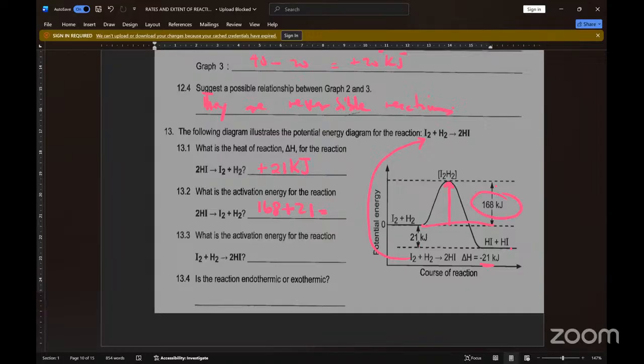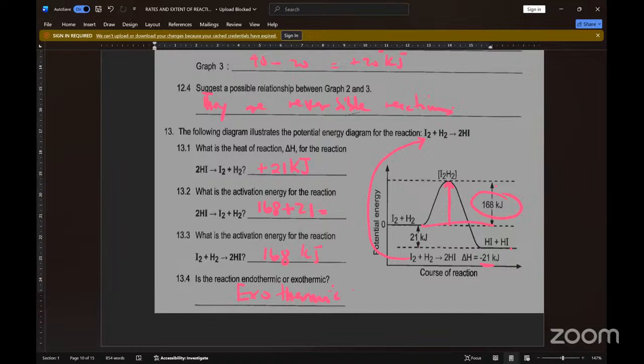So it's 168 kilojoules. Okay? So is the reaction exothermic or endothermic? It's exothermic because the energy level of the product is lower than the energy level of the reactant. So we say it is exothermic.